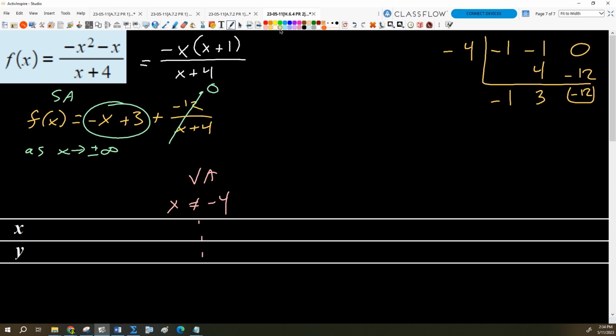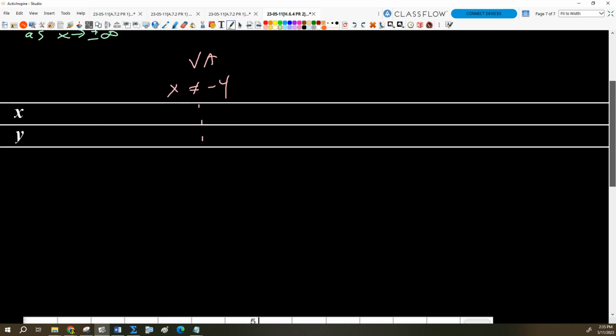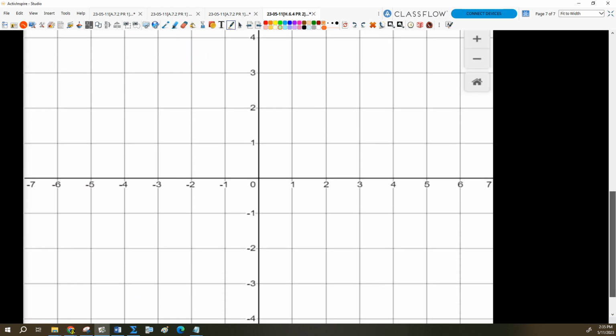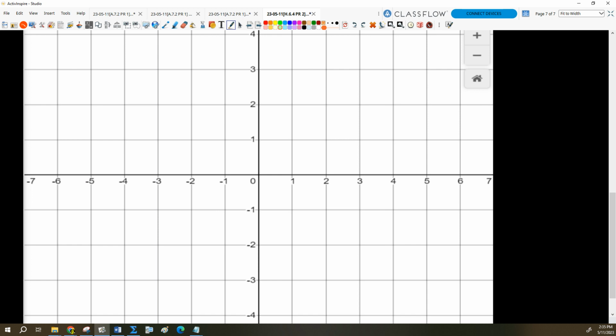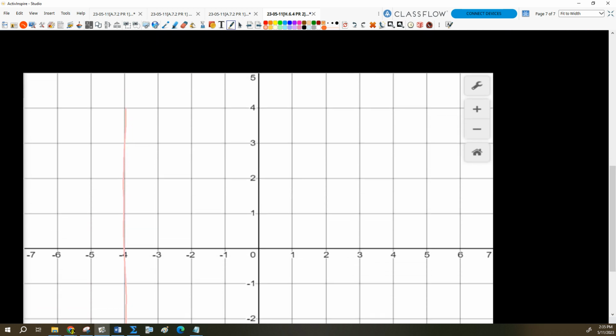Okay, -x plus 3. So then we could go to our graph down here, and we can add both of those. We've got a vertical asymptote at -4. We've got a slant asymptote, and what was that one? It was -x plus 3.